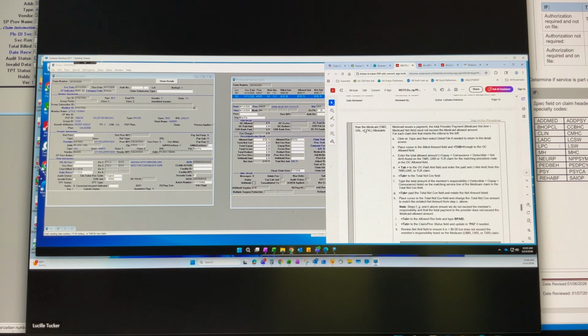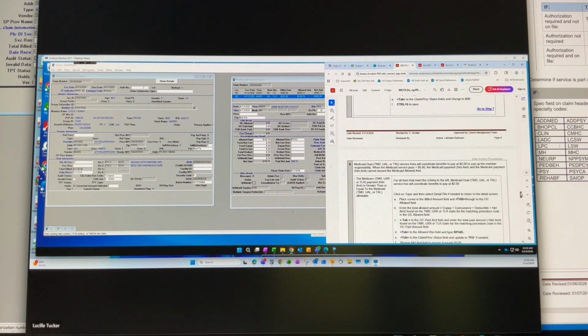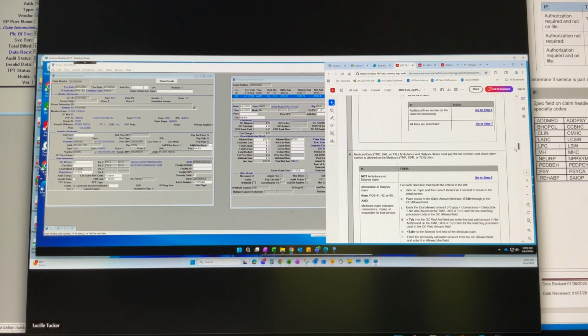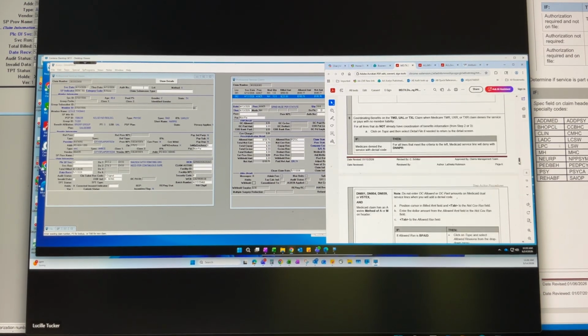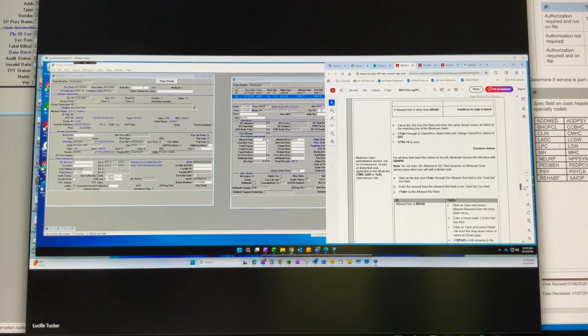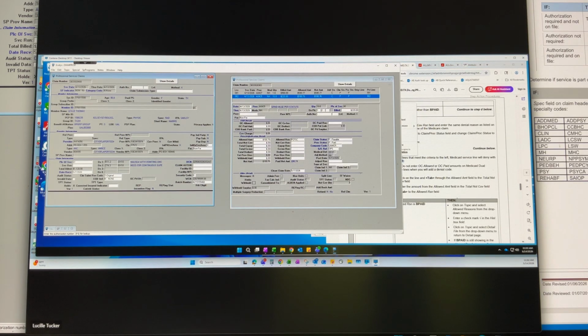We do not. So I was here in step 5. I'm going to deny my line DNNPR.